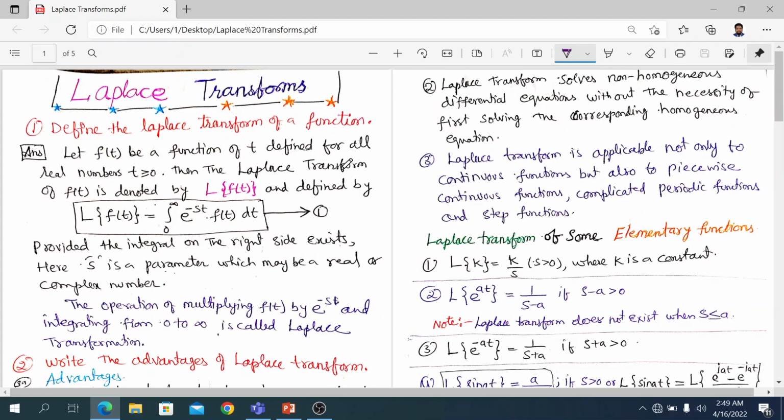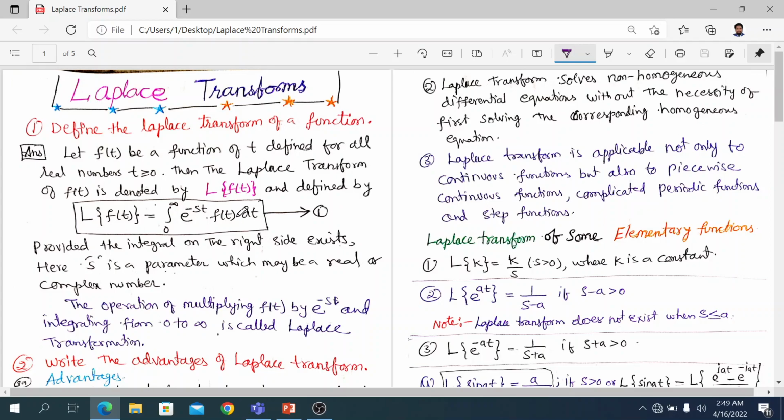Then the Laplace transform of f of t is denoted by L of f of t and defined by L of f of t is equal to the integration from 0 to infinity of e power of minus st f of t dt. Okay, this is the formula of Laplace transform. Mark it as first equation.